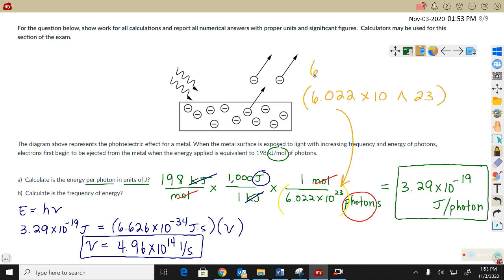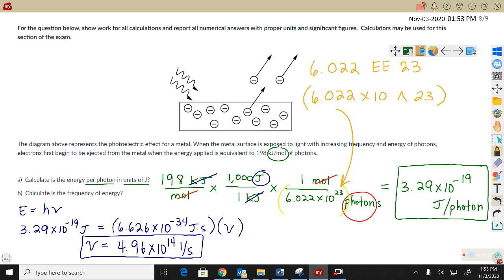You could use 6.022, and then it's a second function, there's this little EE key, and then you just type in 23. When you use that exponent key, the EE key, you don't have to say times 10. That key is specifically meant to be used for scientific notation. So all you have to do is say 6.022, and then EE kind of means times 10 to the what? And then you just tell it the exponent.